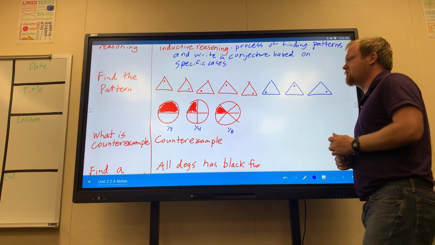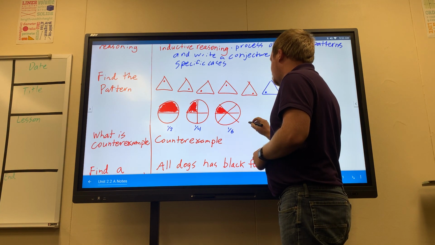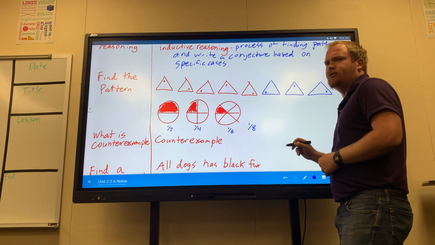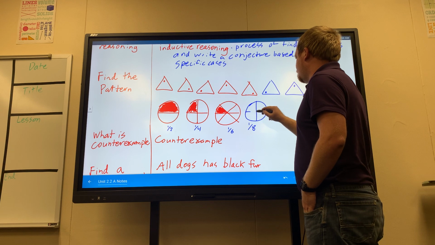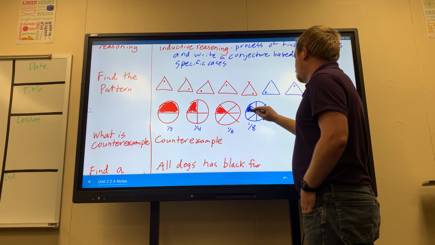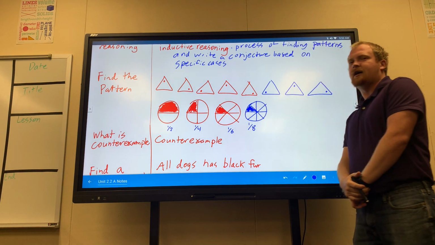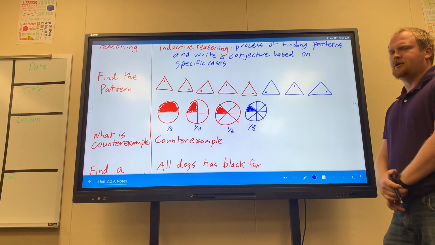The denominator is going by 2 each time, so I would think 1/8 will be the next one. If I draw it out, I would say the next one will look almost like that. And I hope you all thought the same thing.